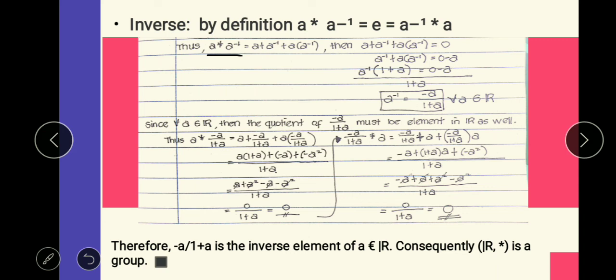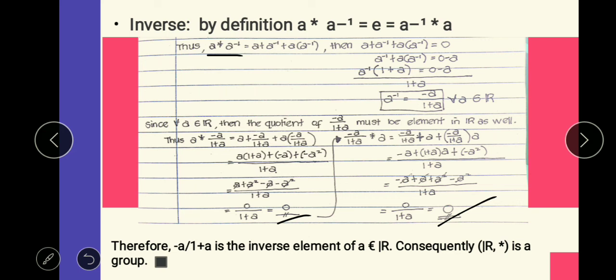Thus, A star negative A over 1 plus A, if we apply the binary operation, we get 0. And negative A over 1 plus A star A, by applying the binary operation, we also get 0. Therefore, negative A over 1 plus A is the inverse element of A element in R.